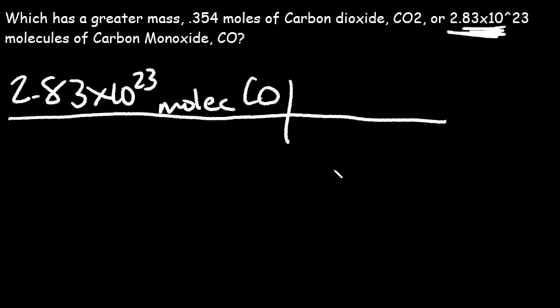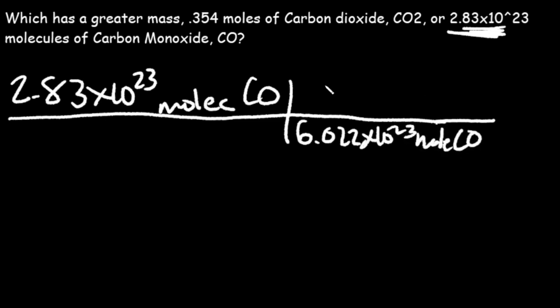How we would normally approach this is divide by 6.022 times 10 to the 23rd molecules of carbon monoxide, and then you get 1 mole, and then moles to molar mass. Well, we don't really need to create this second set of train tracks.